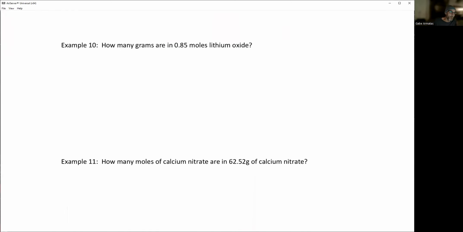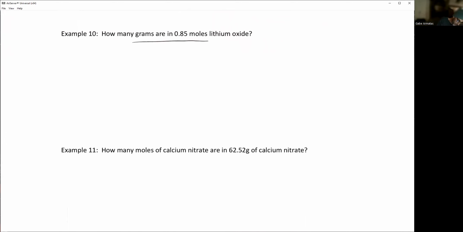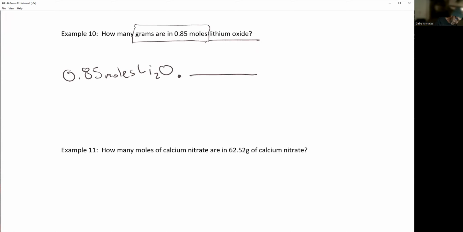So how many grams are in 0.85 moles of lithium oxide? So that was our original number. I have 0.85 moles of, and this time we're going to start writing out what substance we are actually doing. So Li2O. I want to convert into grams. I want grams on top, and I want moles on the bottom. Okay. And in fact, chemists typically just write MOL, by the way, so be ready for that.